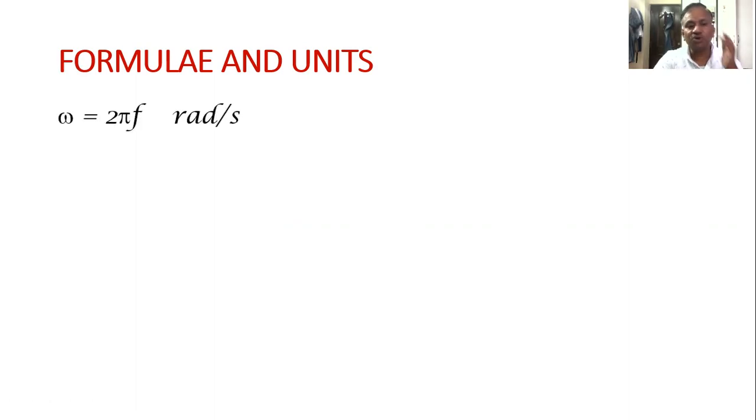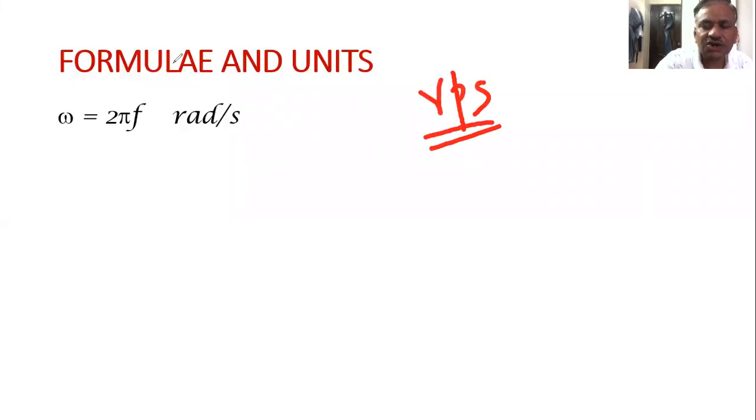Here, first one is omega equal to 2 pi f. What is omega? It is angular velocity. What is f? Frequency. Sometimes frequency is given as the number of oscillations per second, RPS, that is rotations per second, or sometimes RPM.